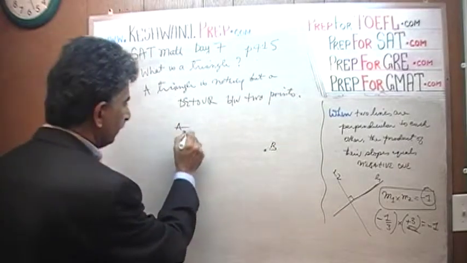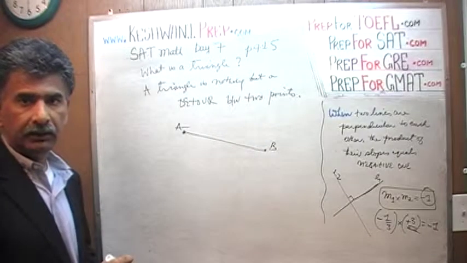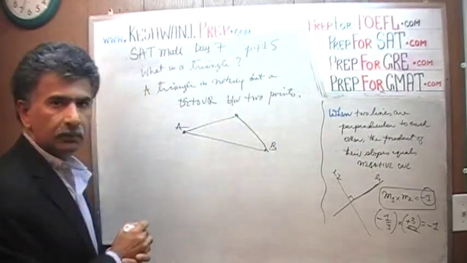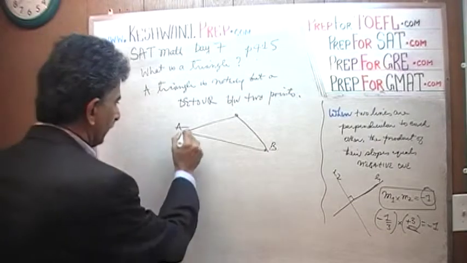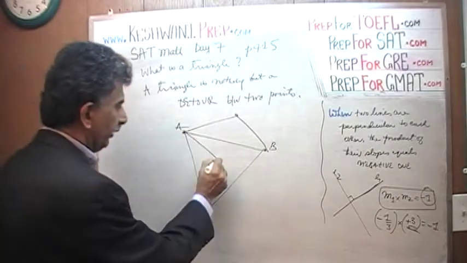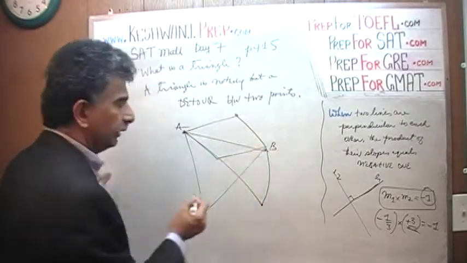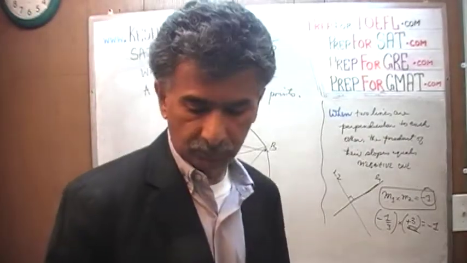I can go straight to point B and be done with it, or I can take a detour. I can make a stop in between. I can go to C and then go to B. That's a triangle. Or I can go to another point here and then go to B. Or I can go to this point and then go to B. All of these will make a triangle. A triangle is nothing but a detour.